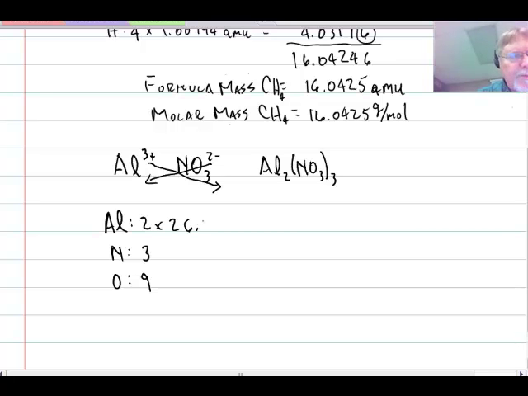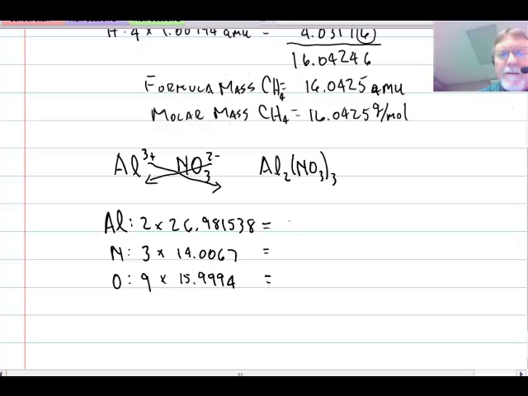Aluminum is 26.98153, and I'm not going to put AMU here. We know what it is, and we can just assume that we have that. Nitrogen is 14.0067, and oxygen is 15.9994.